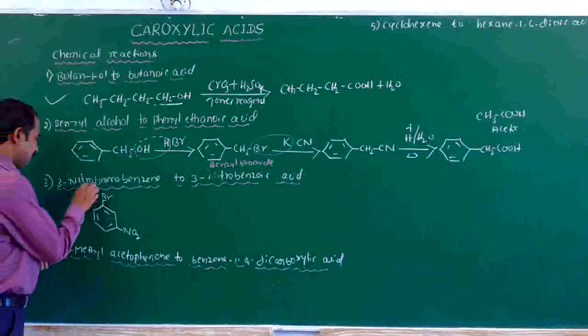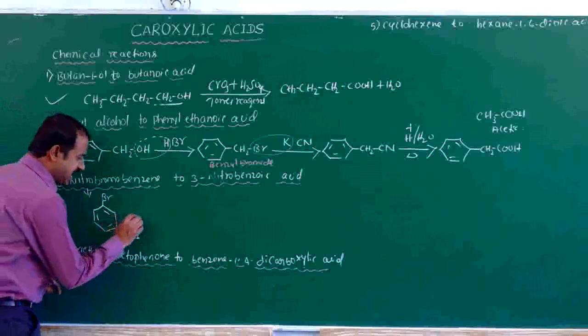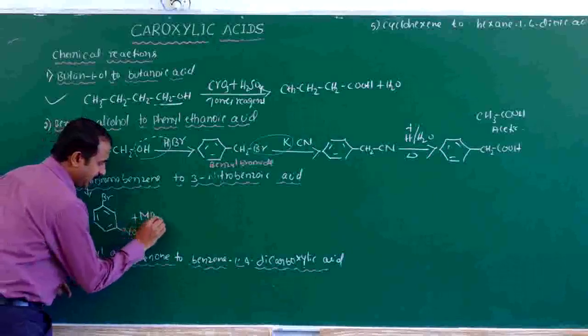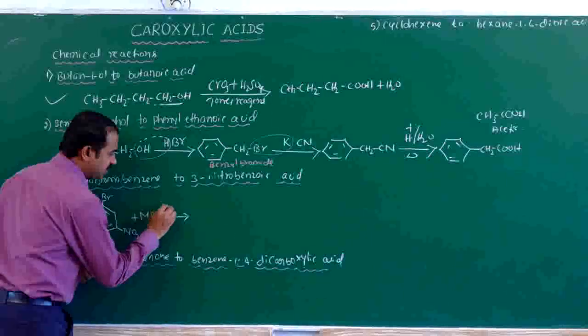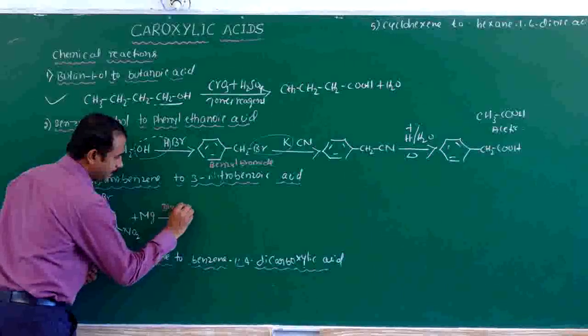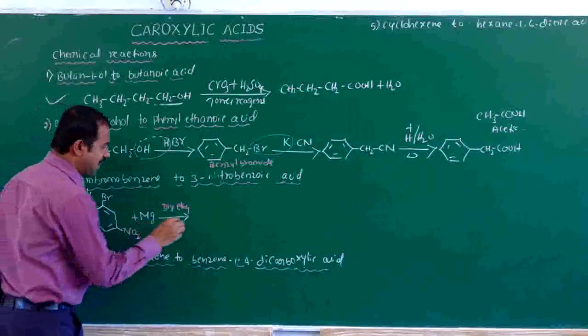This is meta-nitrobromobenzene. It reacts with magnesium in the presence of dry ether to form the Grignard complex.